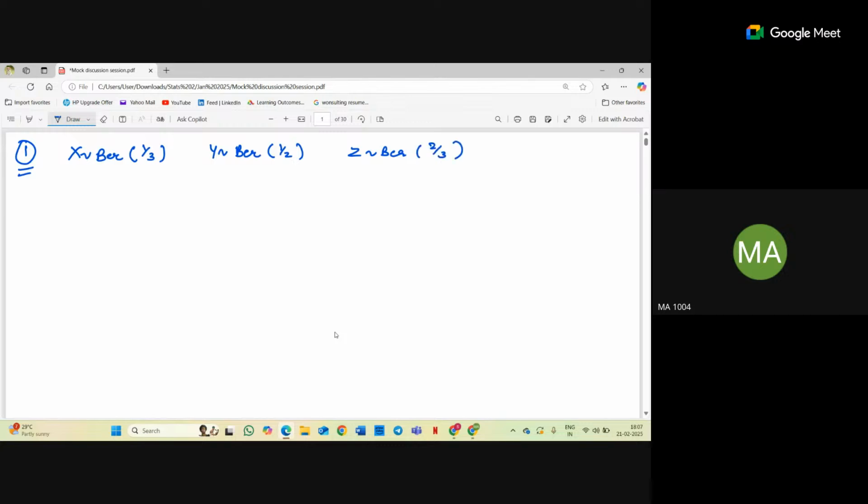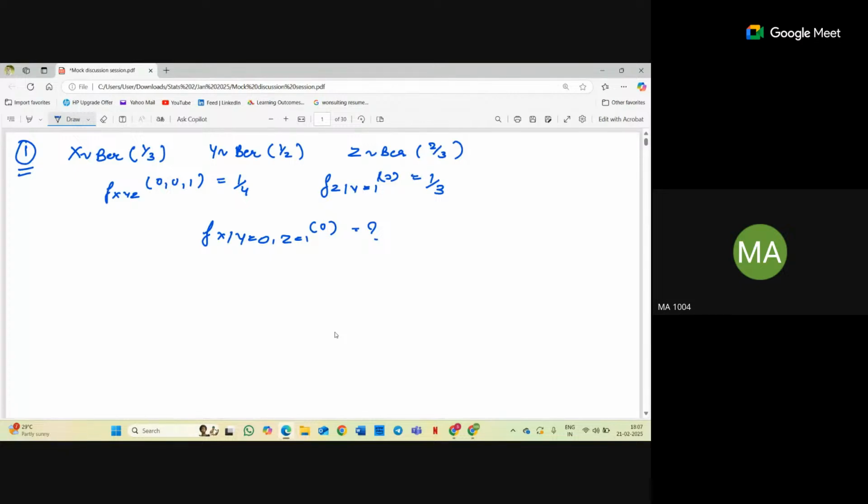Now we have been given f of X, Y, Z at (0, 0, 1) as 1/4. And f of Z given Y equals 1 is 1/3. We have to find out the value of f of X given Y equals 0, Z equals 1.